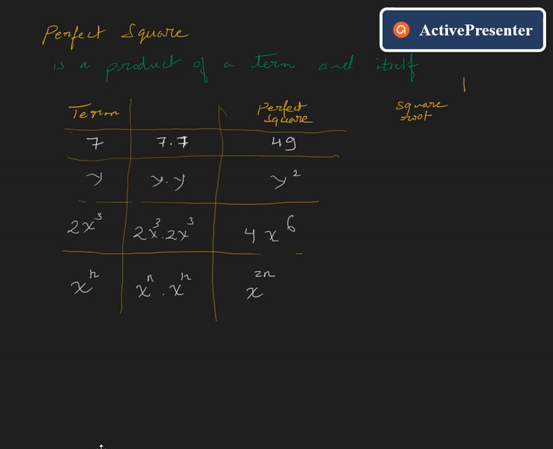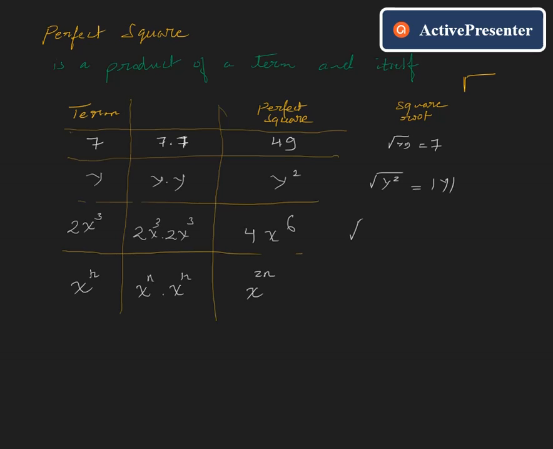If you take the square root of a perfect square, you will get exactly the term. So let's see, the square root of 49 equals 7. The square root of y squared equals the absolute value of y.